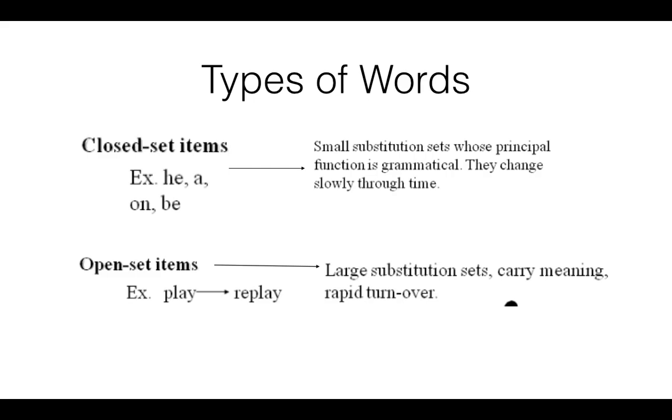While open set items are open, that's why they are called open. They carry meaning, semantic meaning, and also they change quickly over time. So this is another way of categorizing types of words in morphology.